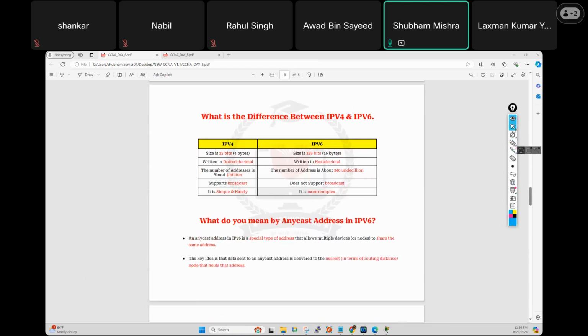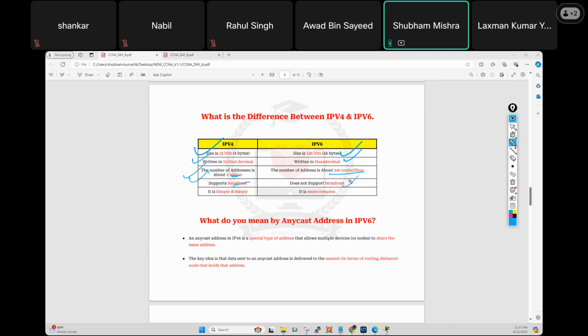And this is the difference between IPv4 and IPv6. IPv4 size is 32-bit. IPv6 size is 128-bit. IPv4 is written in dotted decimal, but IPv6 is hexadecimal, so you will get A, B, C, D, E, F. IPv4 address space is around 4 billion, but IPv6 is around 340 undecillion. IPv4 supports broadcast.